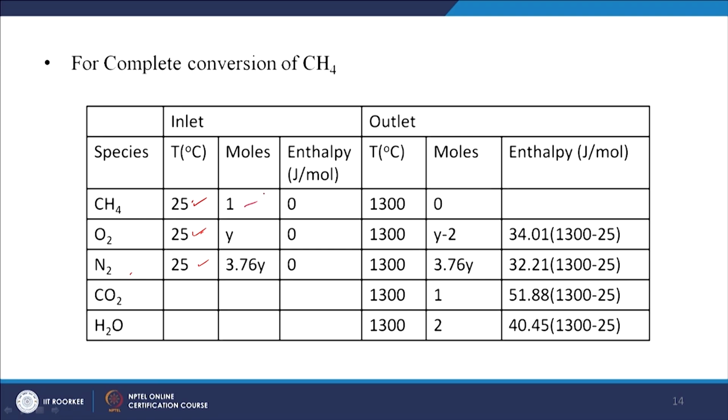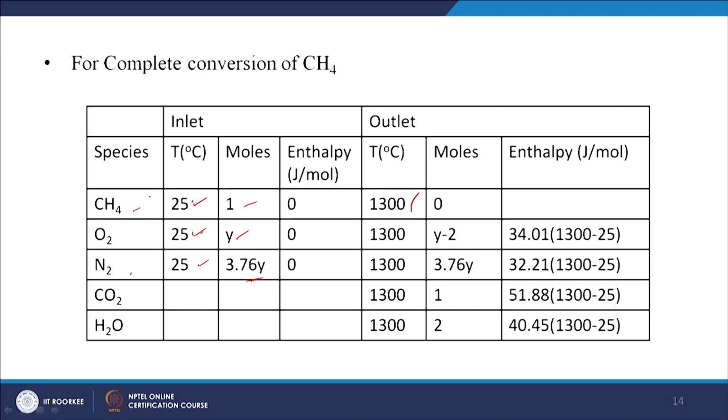If we have 1 mole of methane, we have Y moles of O2 and 3.76 Y moles of nitrogen, because air is 21% oxygen and 79% nitrogen, so the mole ratio is 3.76. The enthalpy for all of them is 0.